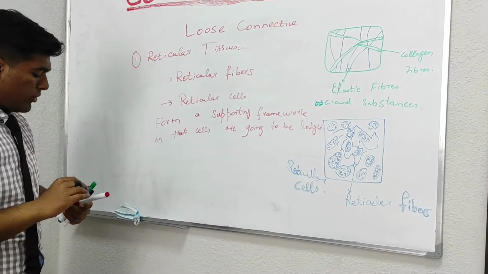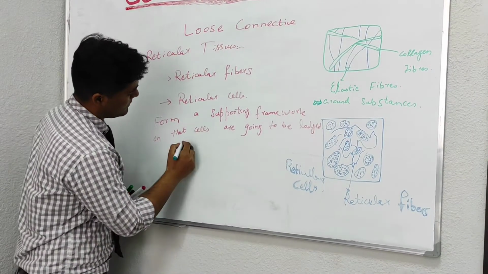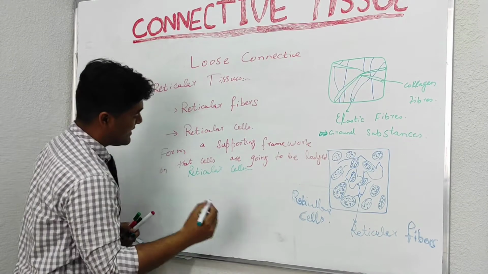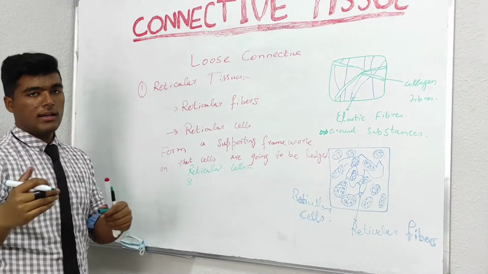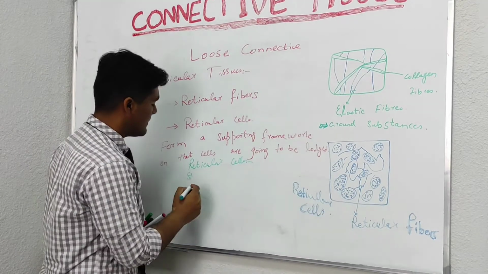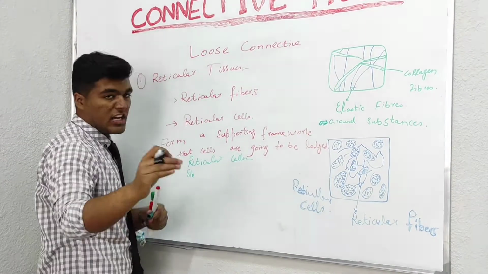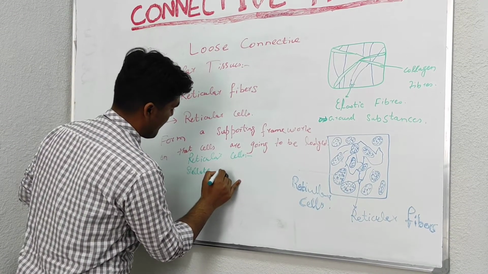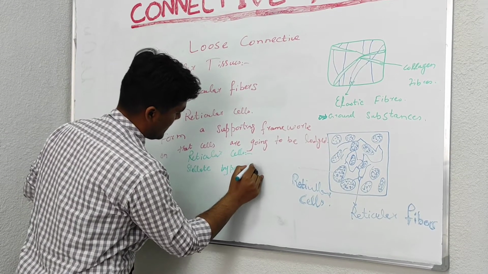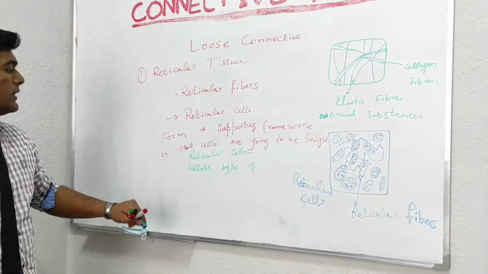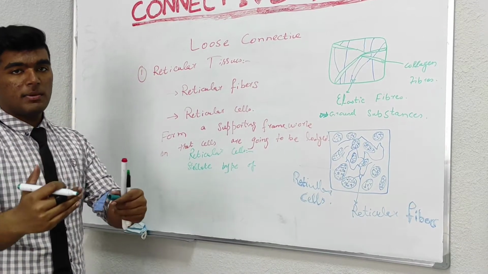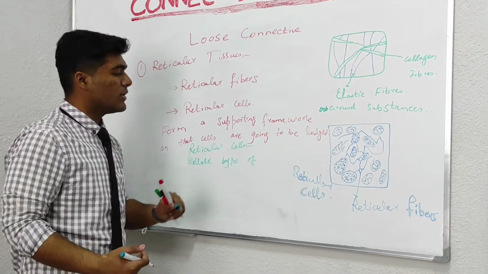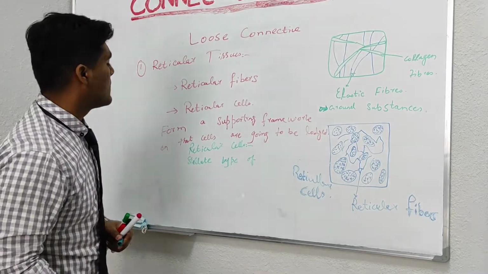Now talking about reticular cells. Reticular cells are basically stellate cells. For example, they form the basic framework in the spleen, liver, and gallbladder, where reticular cells, reticular tissue, and reticular fibers are formed.